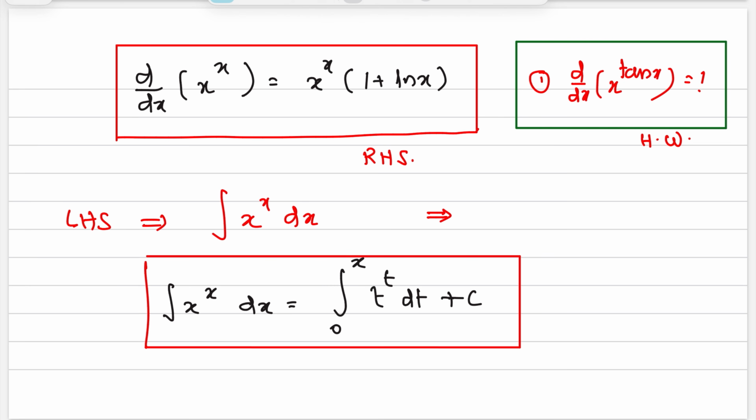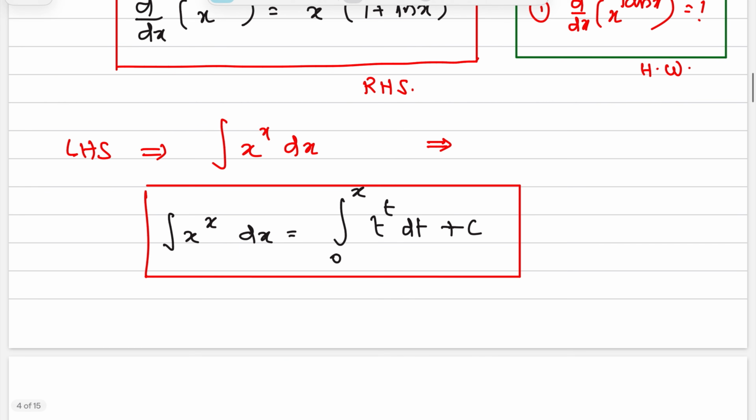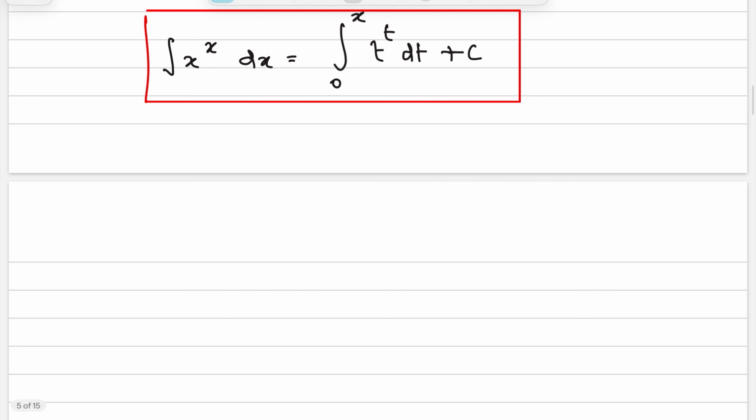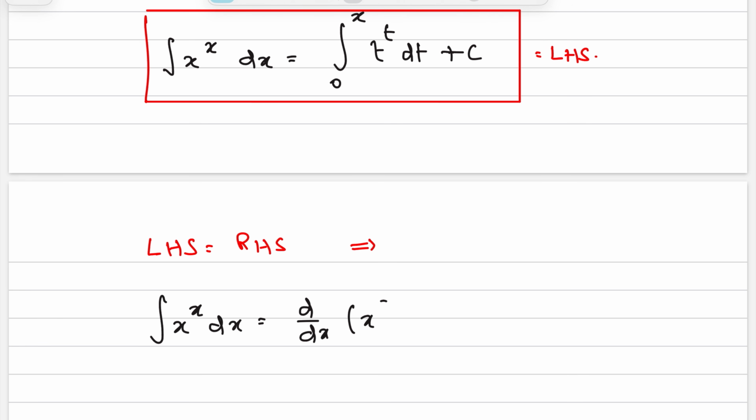Now, can I write like this? Left hand side is equal to this is equal to left hand side. Now, let us equate left hand side to right hand side. What is going to happen? Let us see. Left hand side, the problem, integral x to the power of x dx is equal to d by dx of x to the power of x.